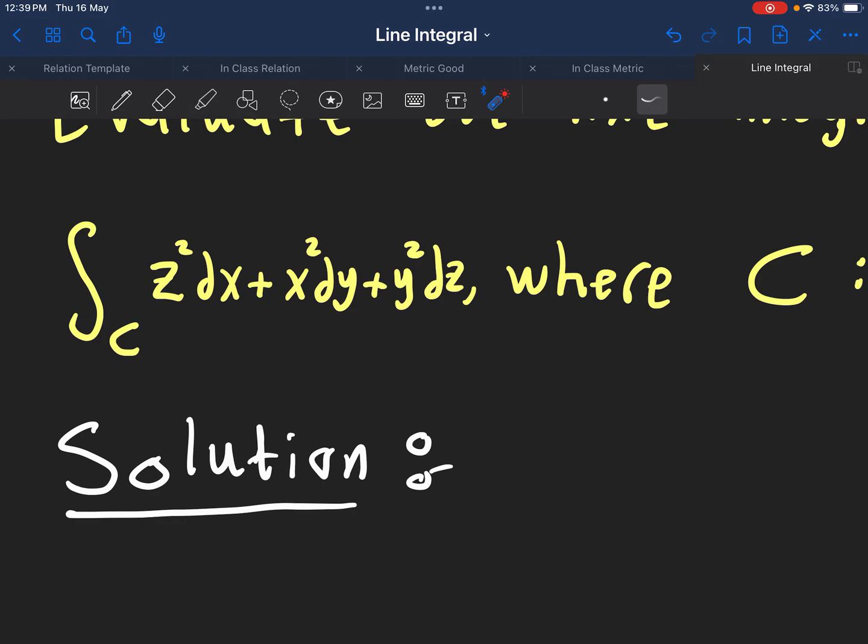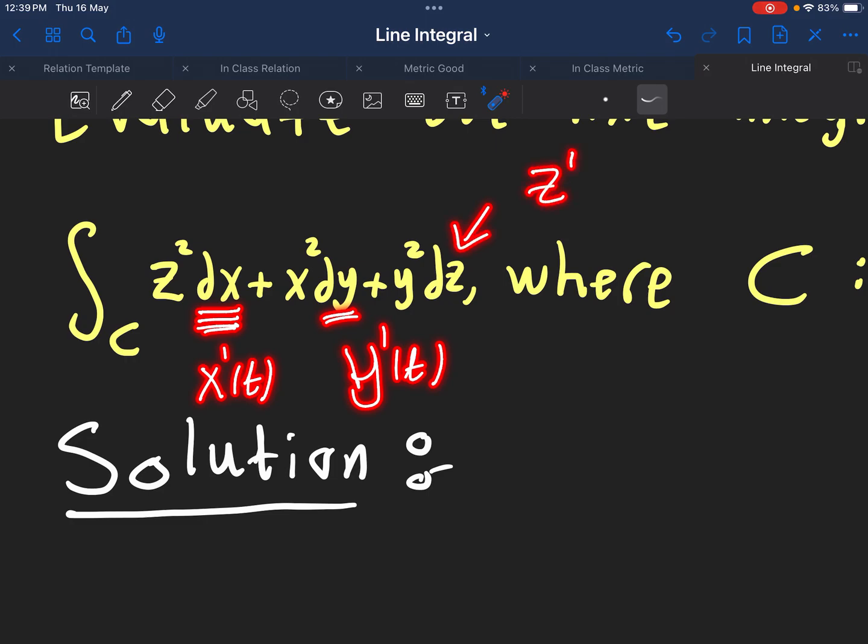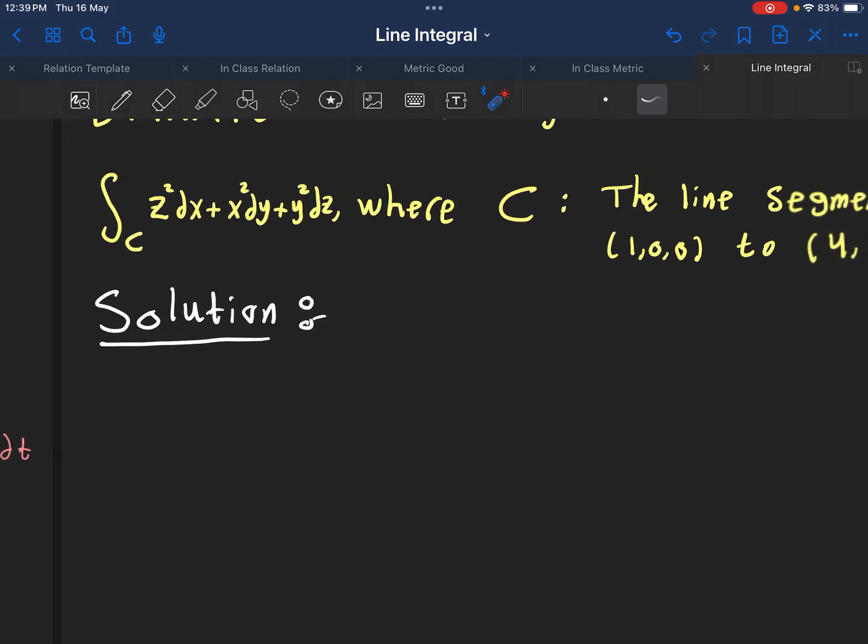Then I will replace every x by its value in t, every y by its value in t, every z by its value in t. And then I will replace every dx by the derivative of x with respect to t, every dy by the derivative of y with respect to t, and every dz by the derivative of z with respect to t. And that's what we will get here.